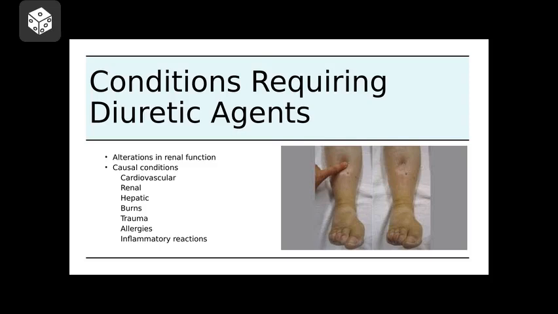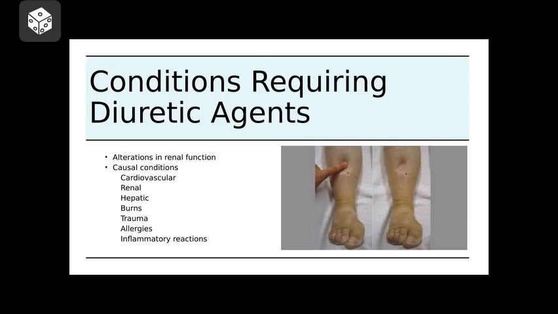So when we talk about allergic reactions or inflammatory reactions, part of it is this capillary permeability, and that opens up and lets fluid flow from the blood vessels into that extravascular space, leading to that swelling, right? If you have an allergic reaction, your face swells up. That's part of that inflammatory response from the capillary permeability.